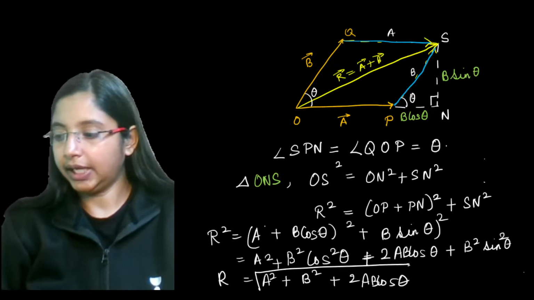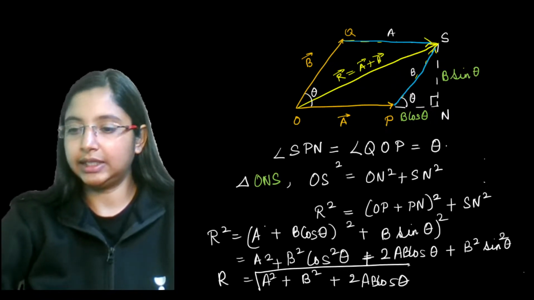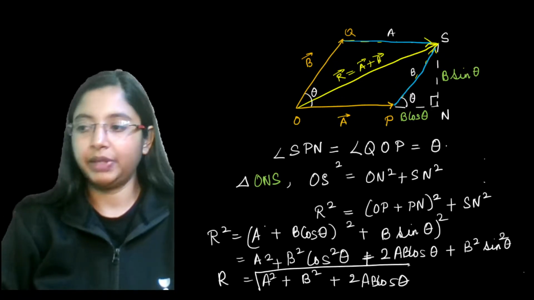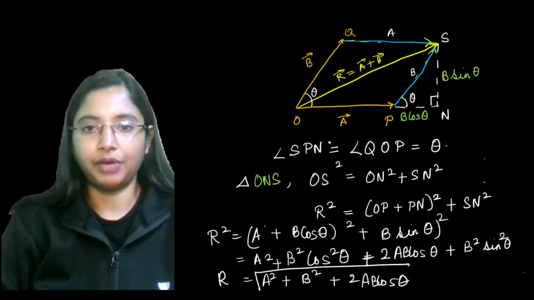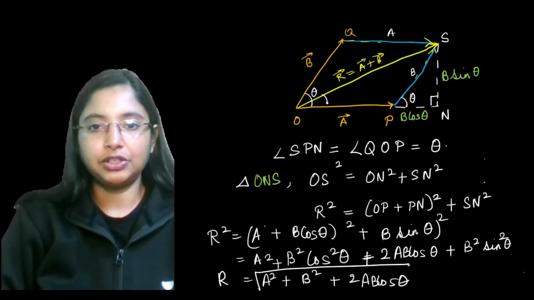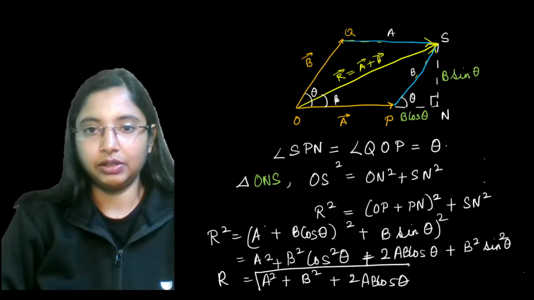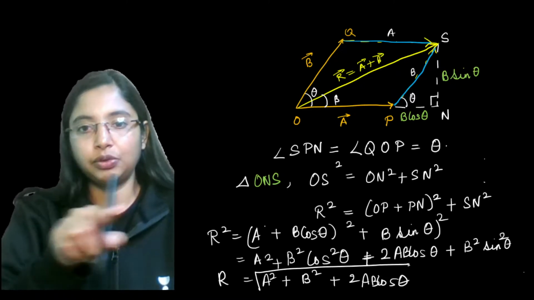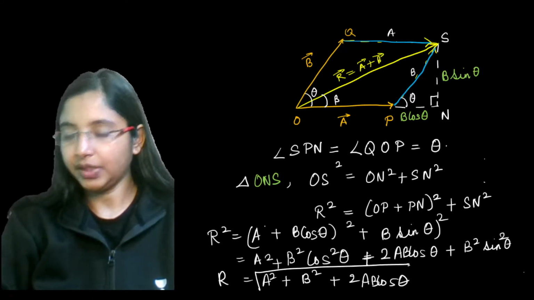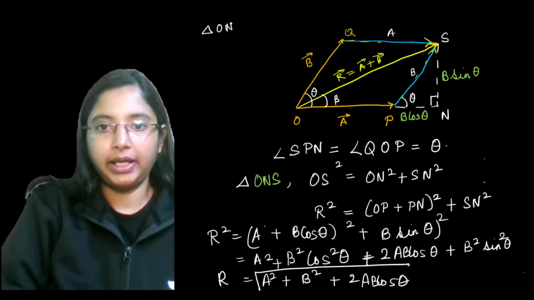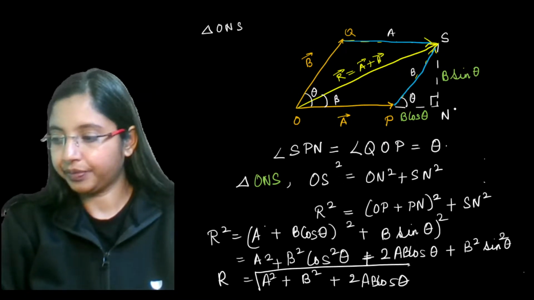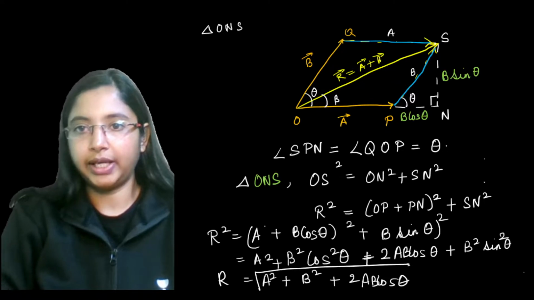Now if you want to get the direction component, what will be the direction? If you want to see the direction of R, for that we introduce an angle beta over here with respect to the A vector. Then we look at triangle ONS over here.